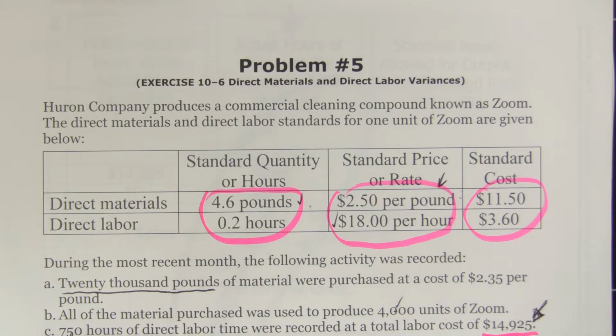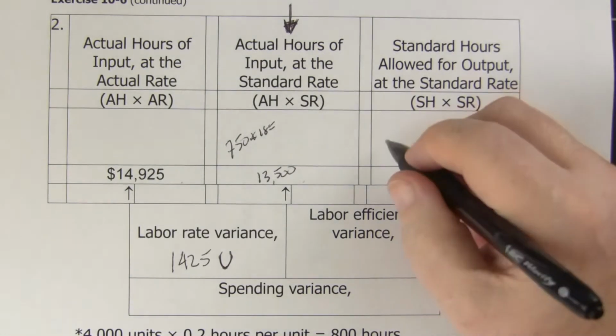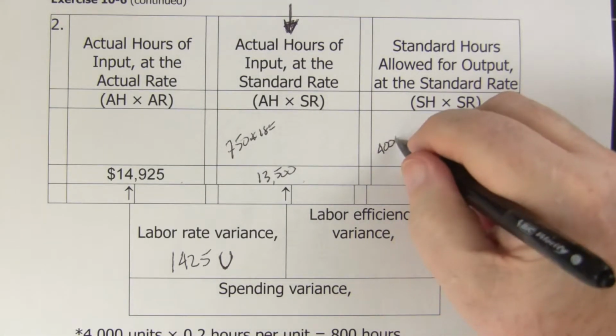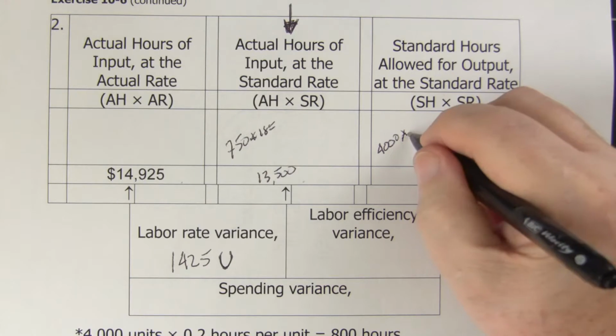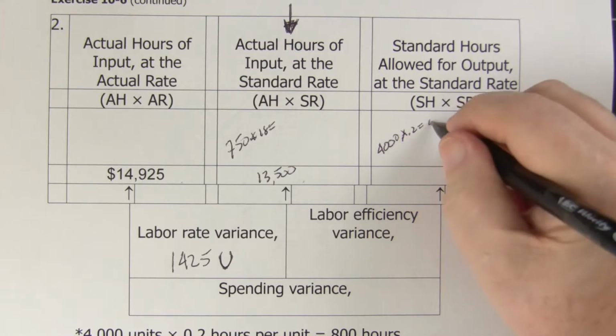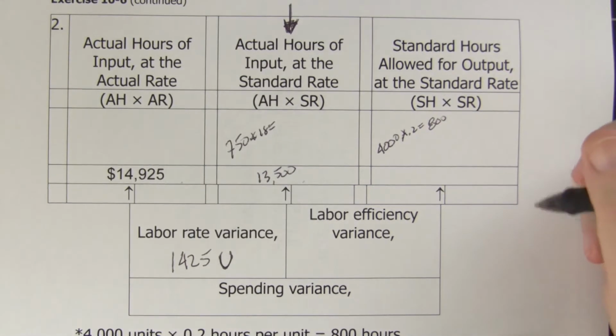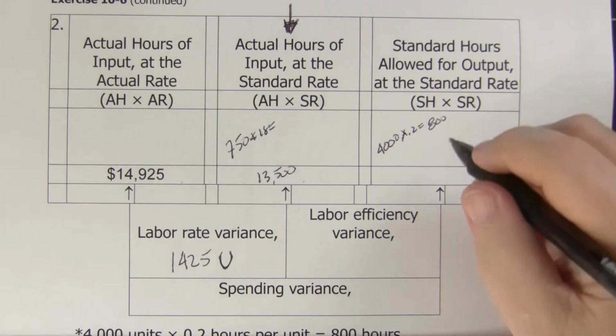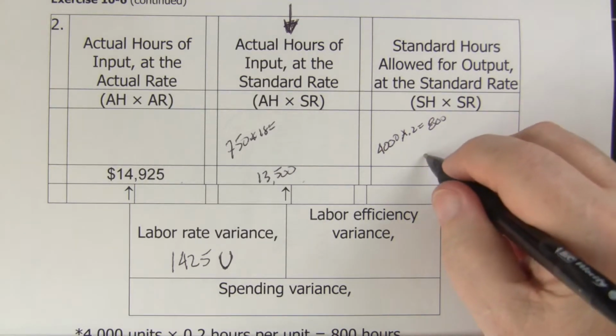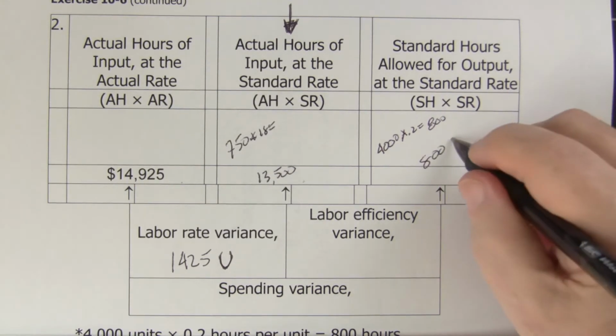So we did 4,000 units, 4,000 times 0.2 is 800. So our standard hours was 800.